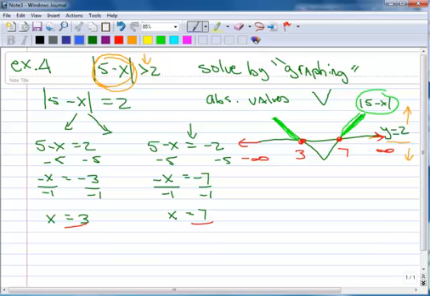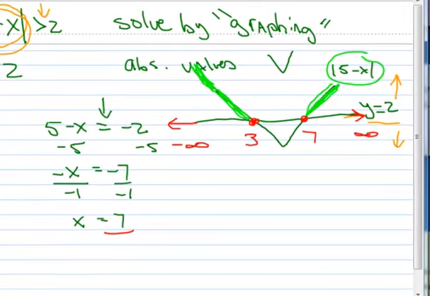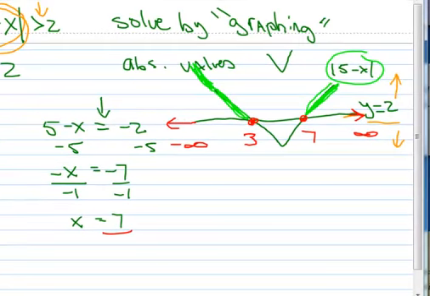This neon green represents the solution, and it would go on forever, including x values from negative infinity up to 3. Always a parenthesis around negative infinity, and there's a greater than symbol here, not an equal symbol, so that's a parenthesis.